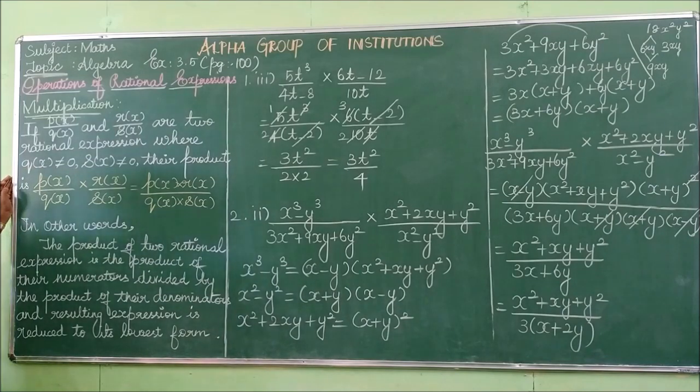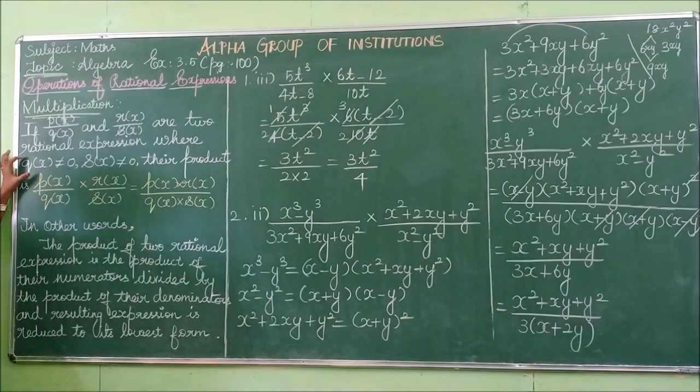First topic is multiplication. If p of x by q of x is a rational expression and r of x by s of x is another rational expression, generally in a rational expression the denominator is not equal to 0.